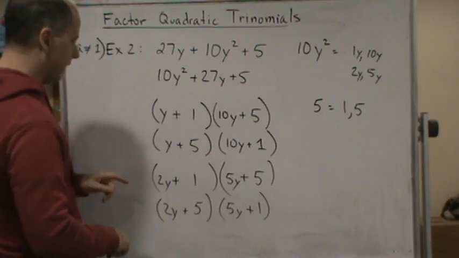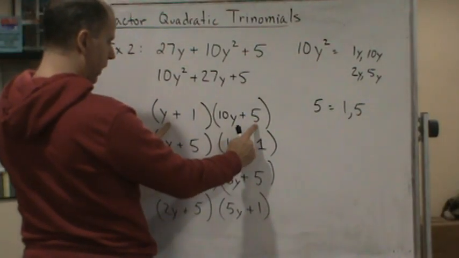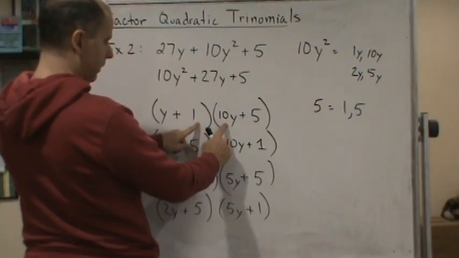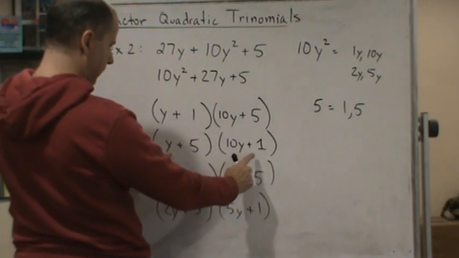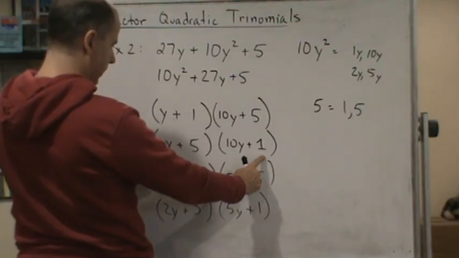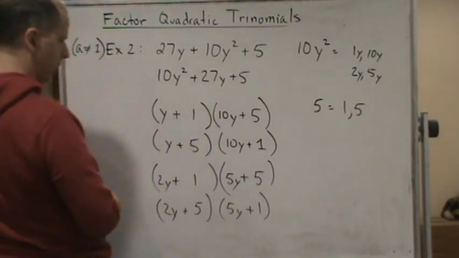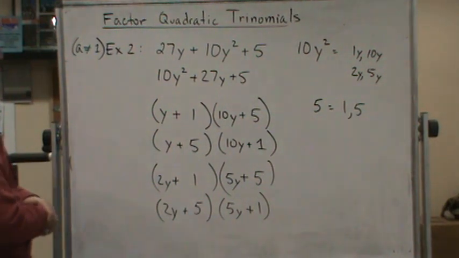Okay? So if we look at this, this gives us 5y plus 10y. That's not going to work. This gives us y and 50y. That's not going to work.